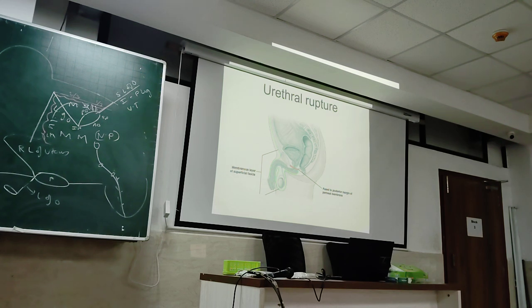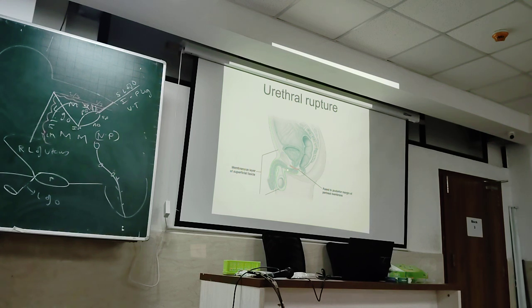But more commonly injured is the urethra in the bulb, so the bulbar urethra is ruptured.